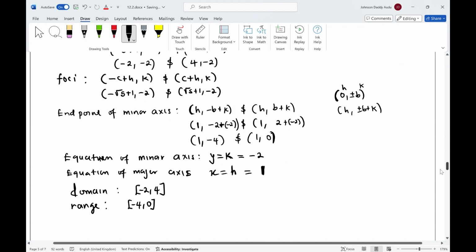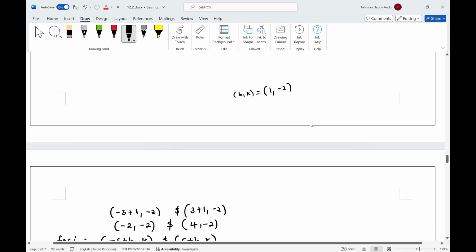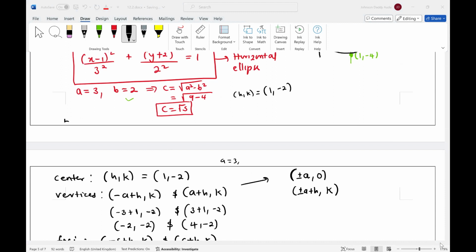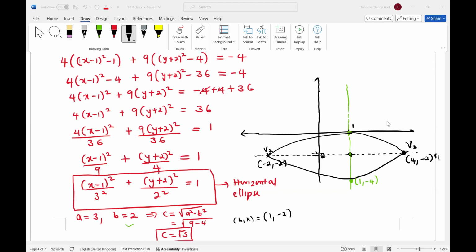So let's take you back again to the graph. You can see from the graph, this is the domain.